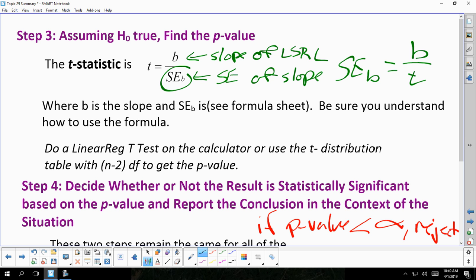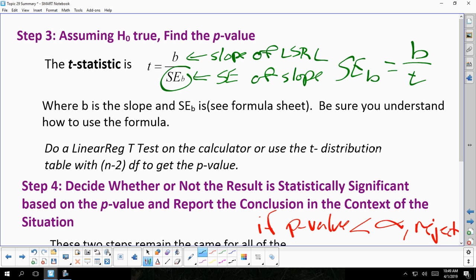So on the calculator, we're going to do a LinRegTTest. We'll use the t-distribution table with n minus 2 degrees of freedom to get the p-value. Degrees of freedom are the number of observations minus 2. Remember, for each observation we're recording 2 things. So it's just the total number of observations minus 2, not the sum of all the numbers.